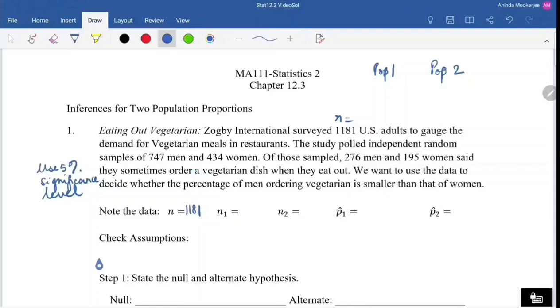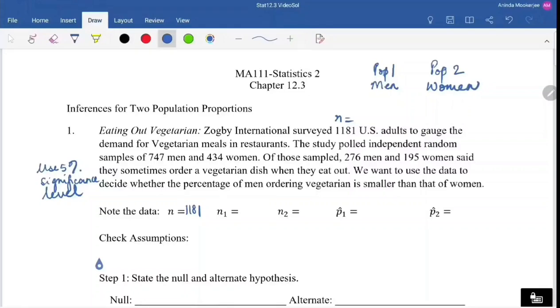The two populations are men and women because we are comparing the habits of men and women if they order a vegetarian dish. All right. Therefore, I'm going to just assign population 1 to men and population 2 to women.